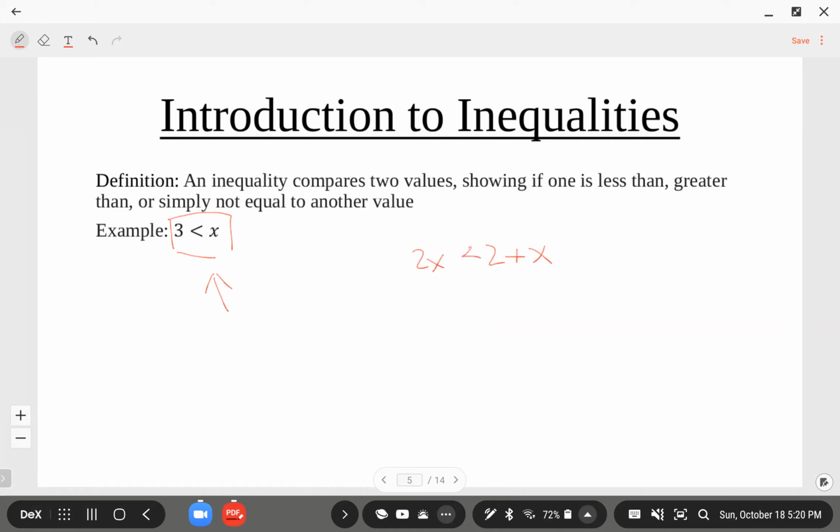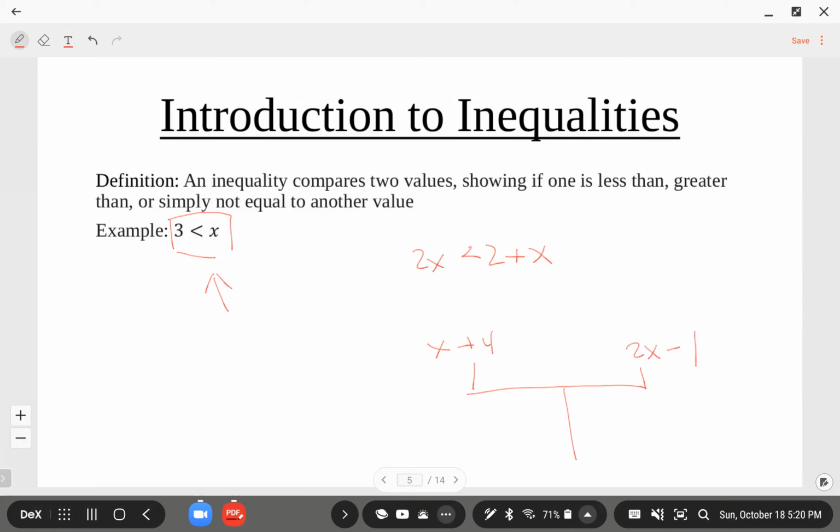In an inequality, the two sides are not equal. If you take an algebraic equation, say x plus 4 equals 2x minus 1, these two sides are equal to each other.